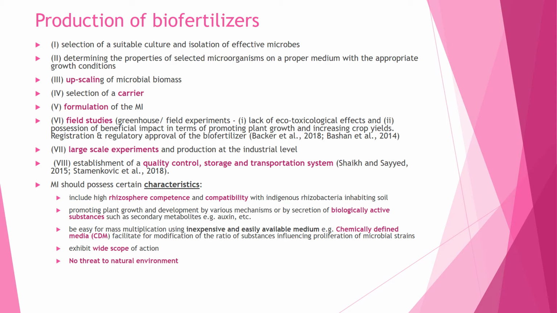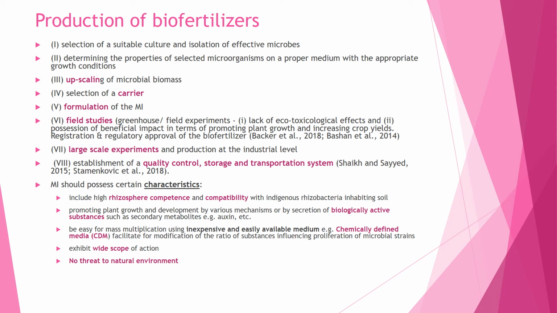This is called various mechanisms. By secretion of biologically active substances, which are normally secondary metabolites, growth hormones like auxin and so on. So they must have a certain mechanism that has been identified in order for it to be patented as a biofertilizer.